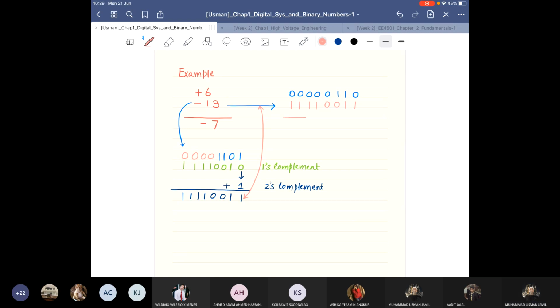Then you can do the addition from here. 0 plus 1 is 1. Then 1 plus 1 is 2, so it is 2 minus the base, so it is 0. This is also 0. Then this one is now 1, 1, 1, and 1. So our number is this one. Minus 7 is equivalent to this one.